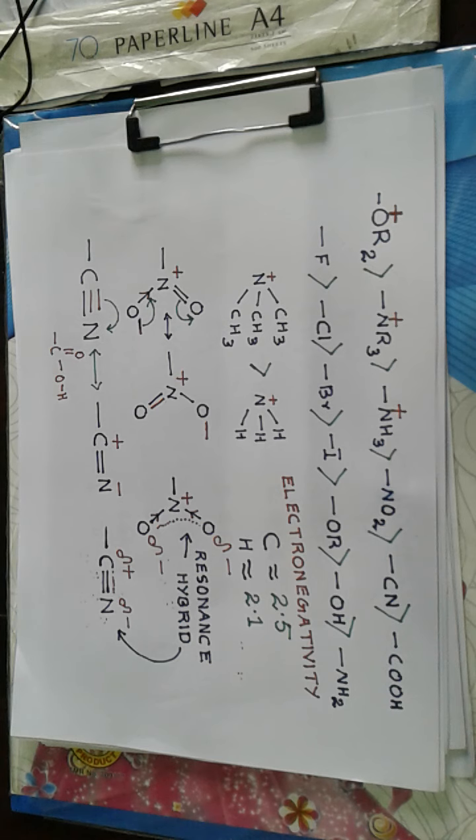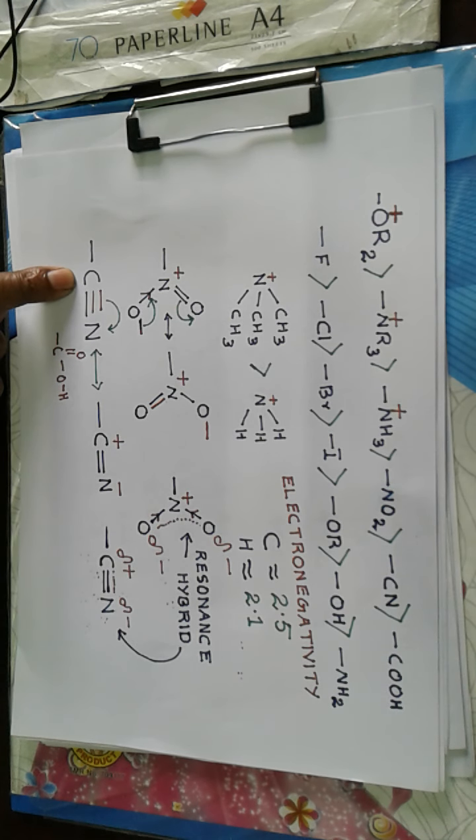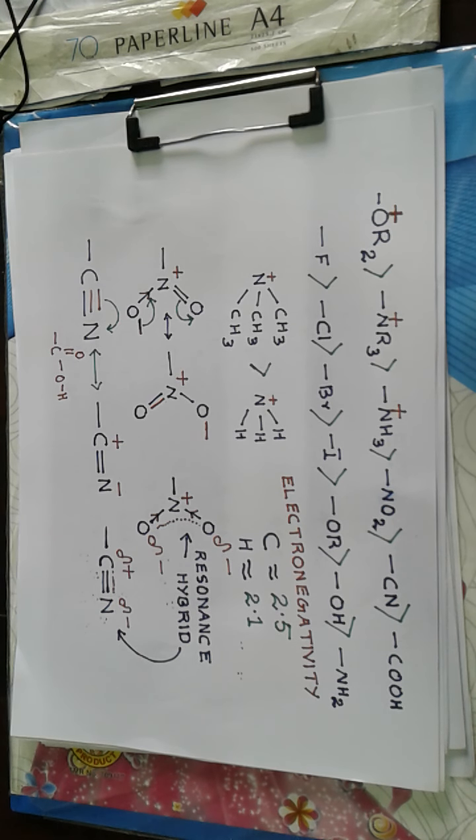And some say that sp hybridized carbon is more electronegative than sp2 hybridized carbon. Here this carbon is sp hybridized, whereas this carbon is sp2 hybridized. So sp hybridized carbon is more electronegative, but they won't give the reason for this, and I think the main reason is that pi bonds are overlapping at a distance away from the two nuclei which form the pi bond, so that the electron pair is less available to the atoms which form the pi bond.